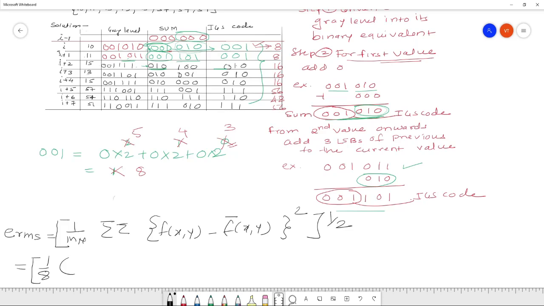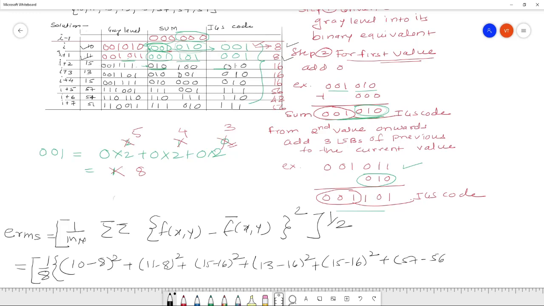Now we will write the initial values and the IGS codes: 10 minus 8 square, plus 11 minus 8 square, plus 15 minus 16 square, plus 13 minus 16 square, plus 15 minus 16 square, plus 57 minus 56 whole square, plus 54 minus 48 whole square, plus 51 minus 56 whole square, and the square root of the entire thing.